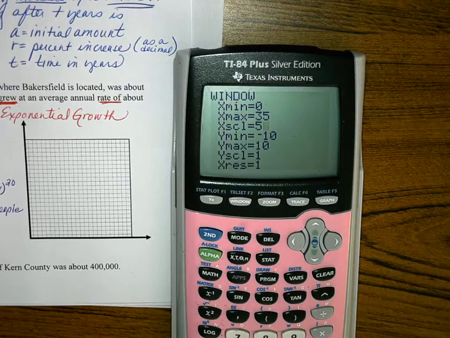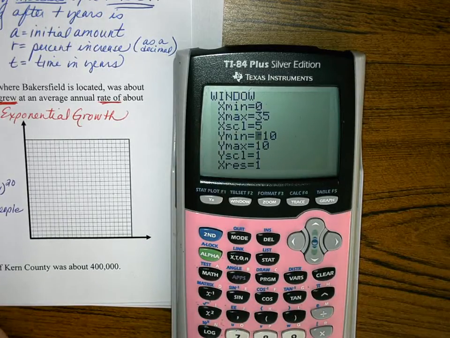And then I need to think through this. What is my y representing in this problem, Tara? Okay, that's all right. What is y? Can somebody help? What is y representing, Aaron? Yes. The number of people. Y is equal to 330,000 times 1.024 to the t.